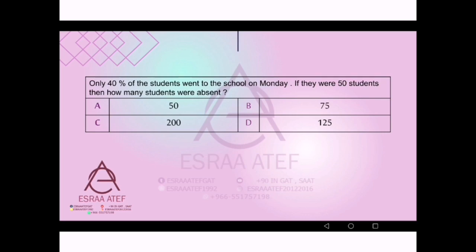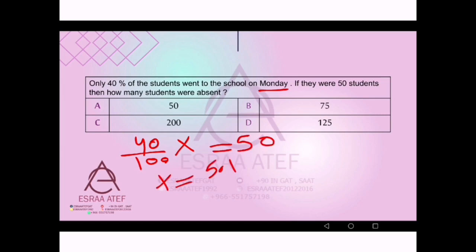Here we have 40% of the students went to the school on Monday, and they were 50. So 40 over 100 of all the students equals 50. To get x, we cross multiply, so 50 times 100 over 40.